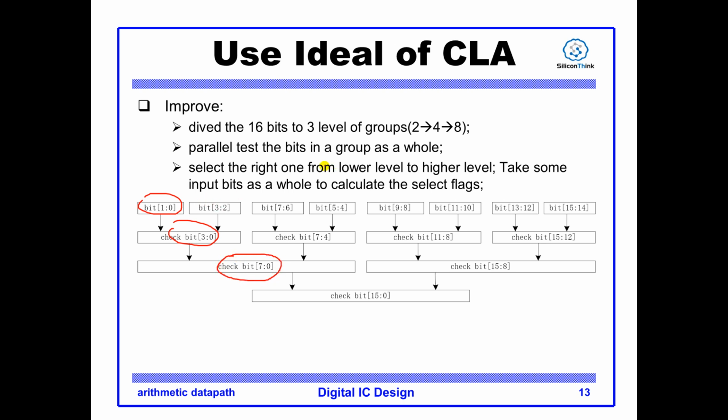Then we find the first one in each small group. Then use a binary tree architecture to select the right one from the outputs, from the lower level of group to the higher level of group.